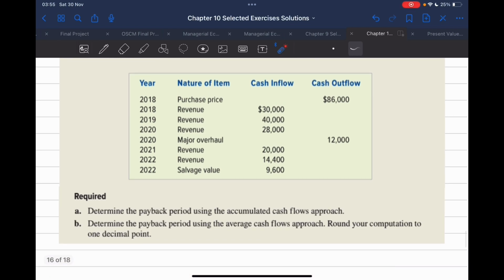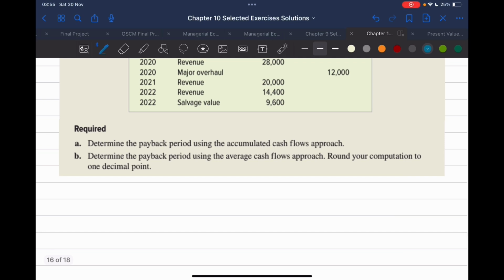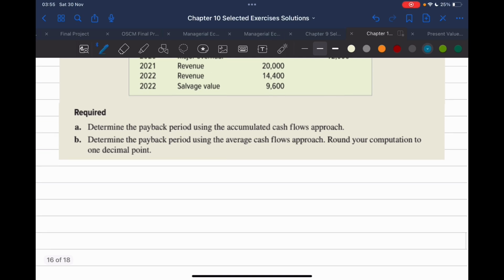Okay? What's required? A. Determine the payback period using the accumulated cash flows approach. Okay, so let's start with that. Now to do the accumulated cash flows approach, we're going to need to list our inflows and outflows year by year, with the exception of the initial investment, or the initial cost of the equipment.